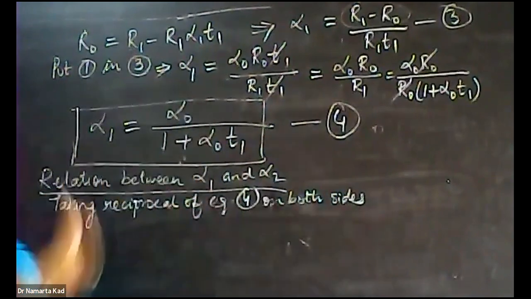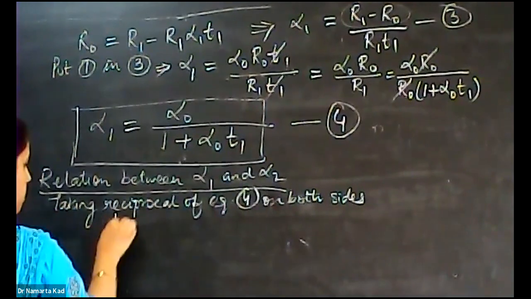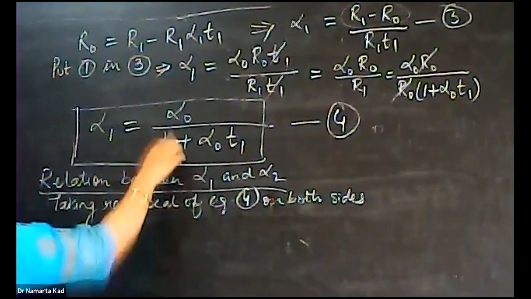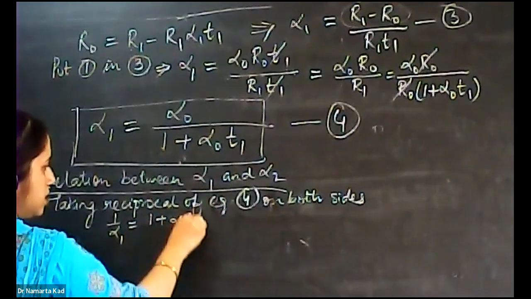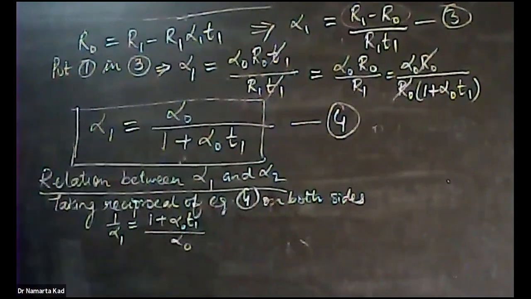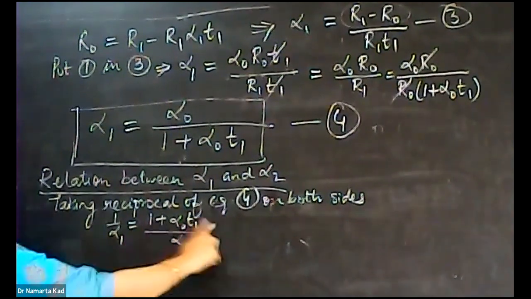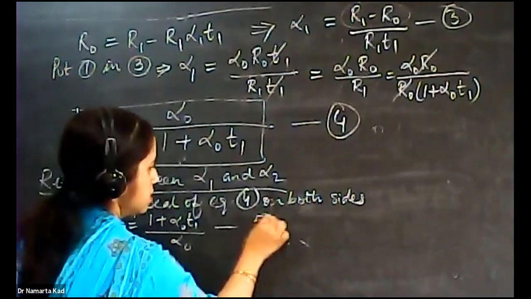So it comes out to be 1 upon alpha 1 is equal to 1 plus alpha naught T1 divided by alpha naught. Mark this as equation number 5.